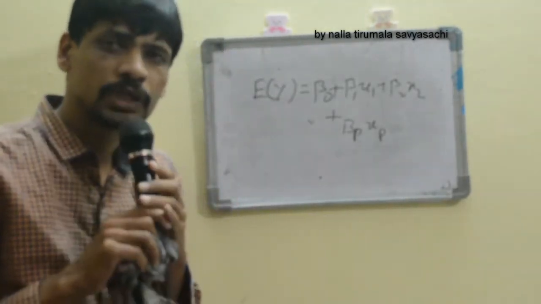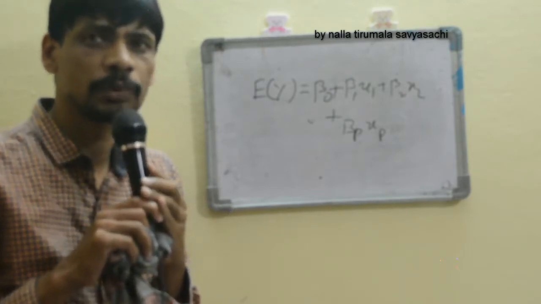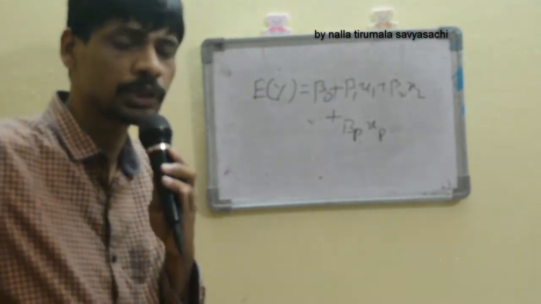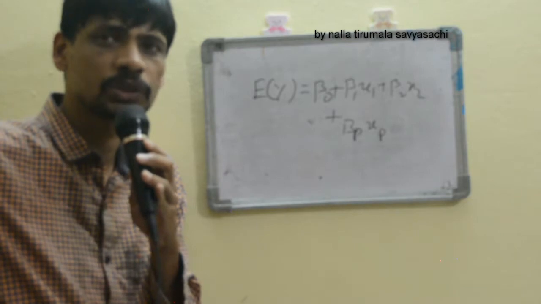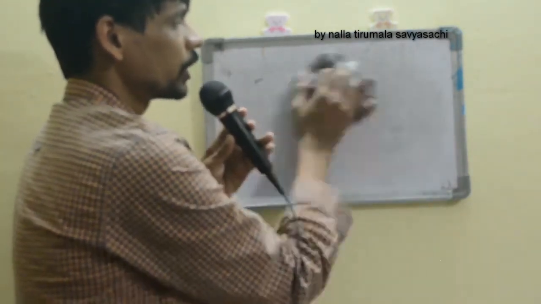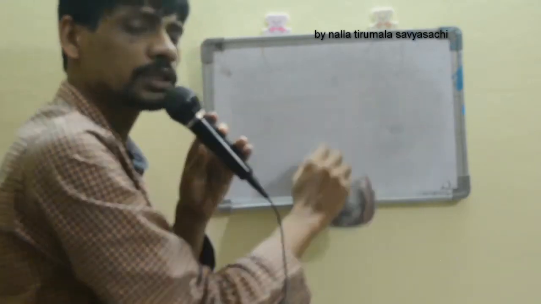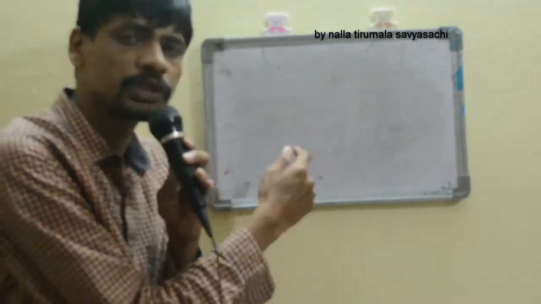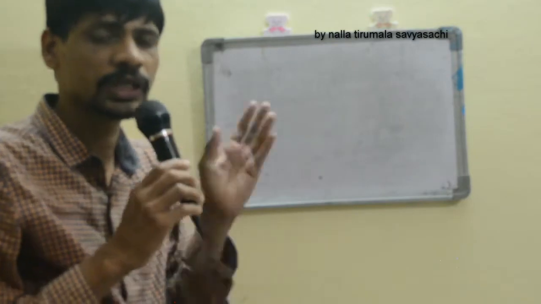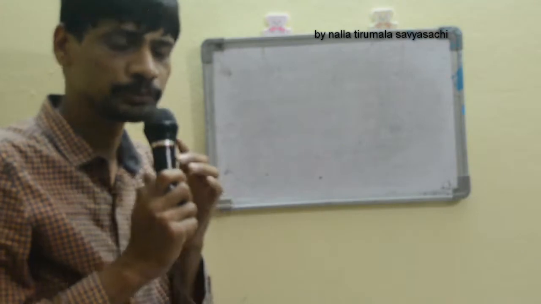In multiple regression, we are going to deal with multiple independent variables. In that situation, we should follow some steps to determine which independent variables we should consider before we write this equation. Basically, in this equation we can keep multiple independent variables, x1, x2, x3 up to xp.